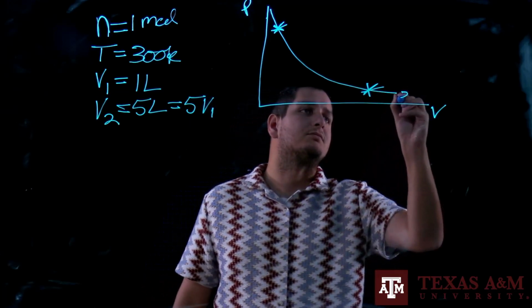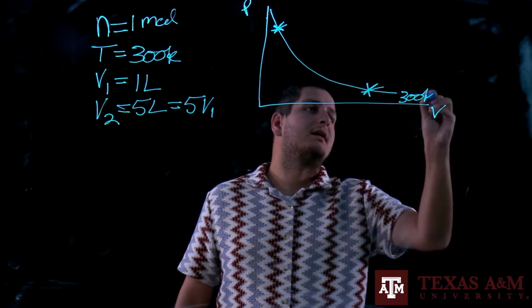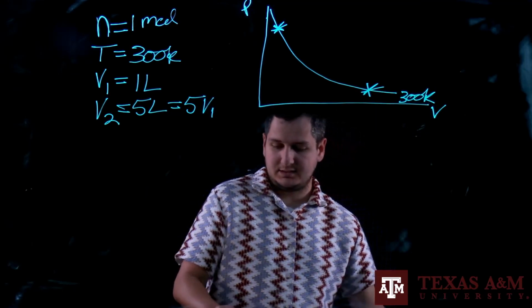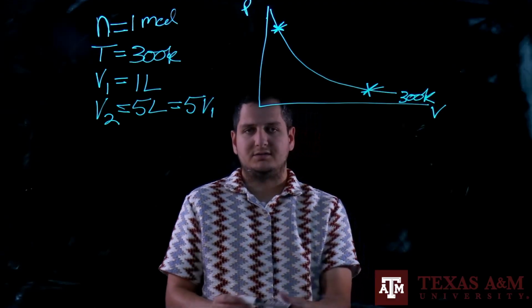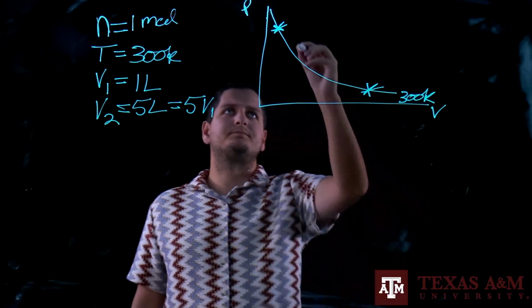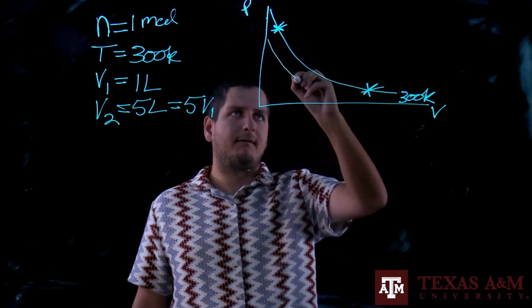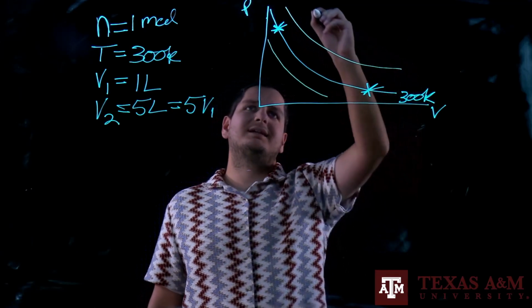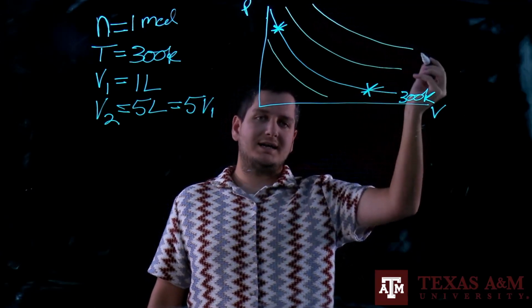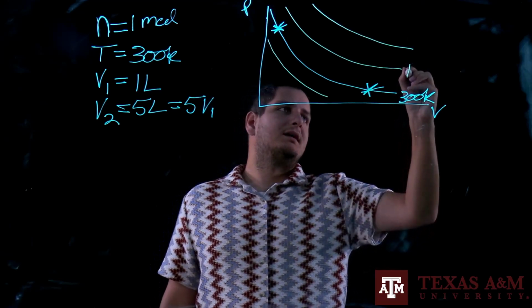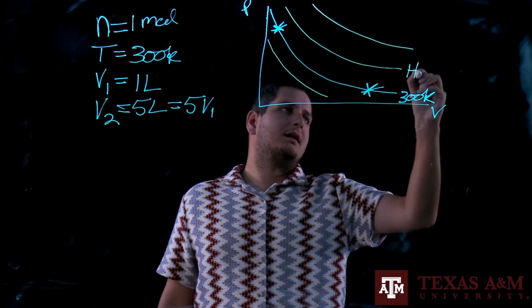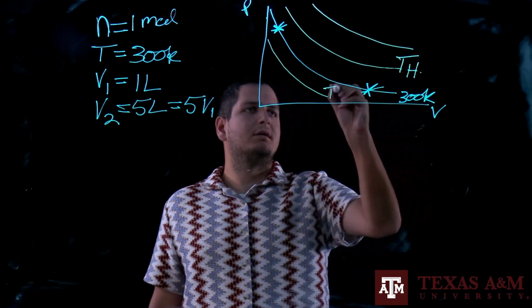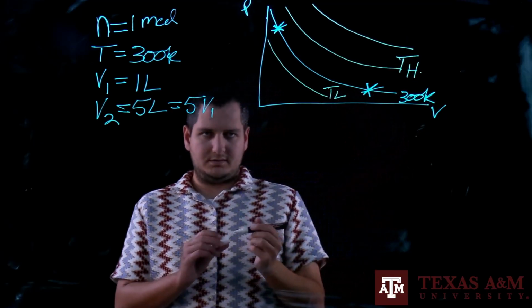This is the 300 K isotherm, okay? Other isotherms exist. And they look something like this, right? I'm not doing it exactly, but this is a higher temp. This is a lower temp, okay?